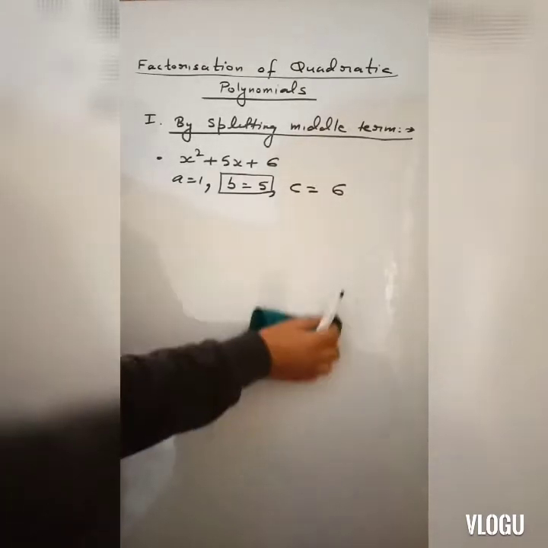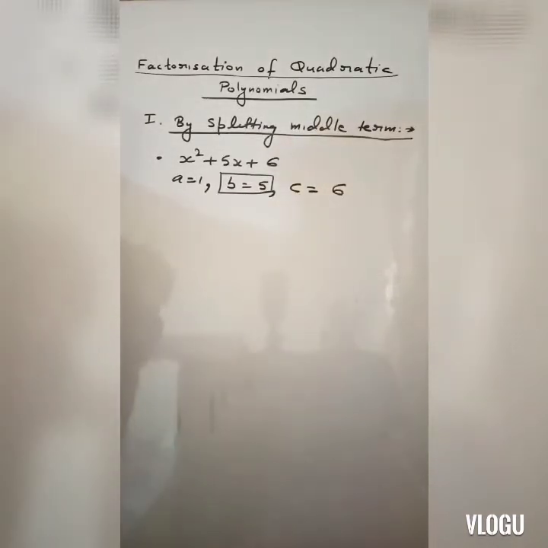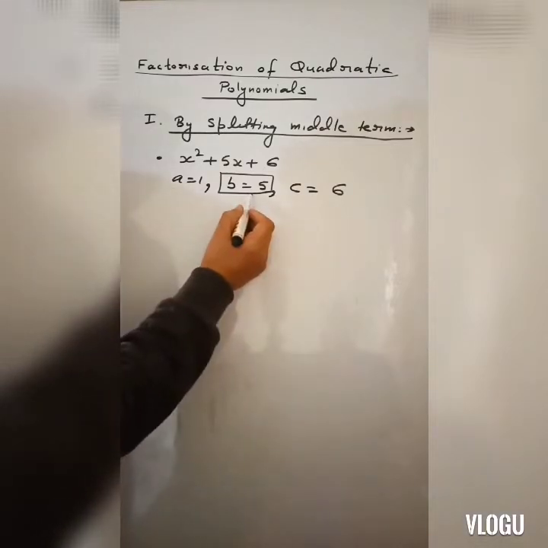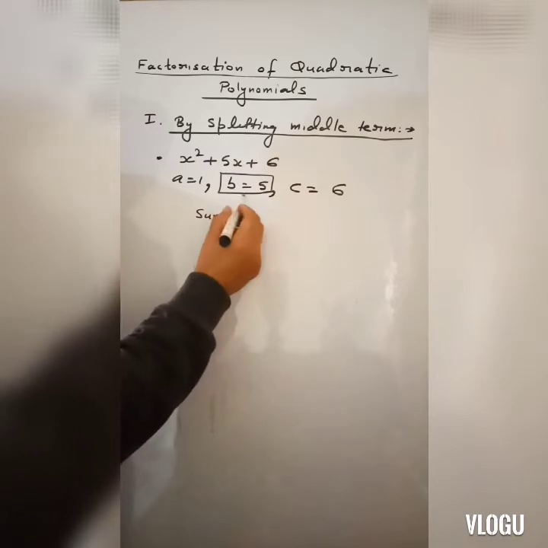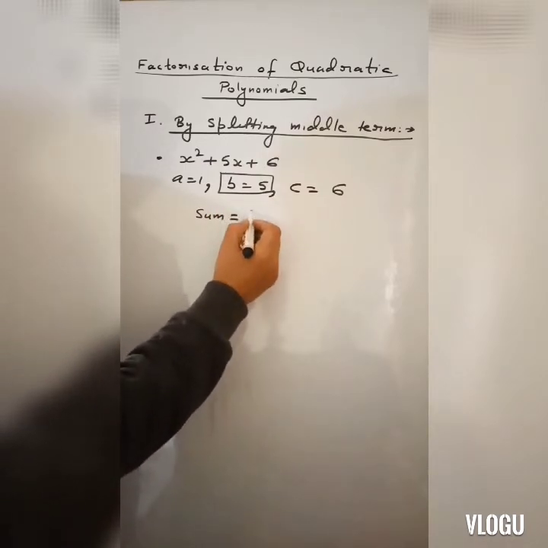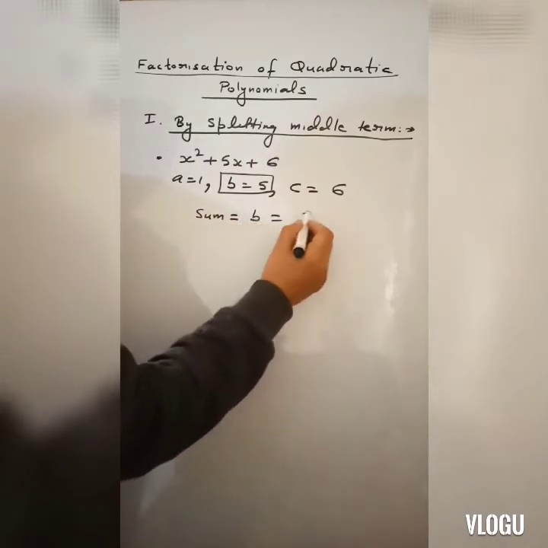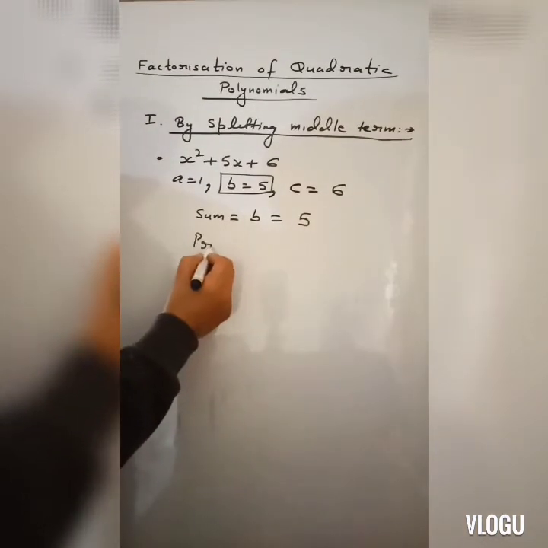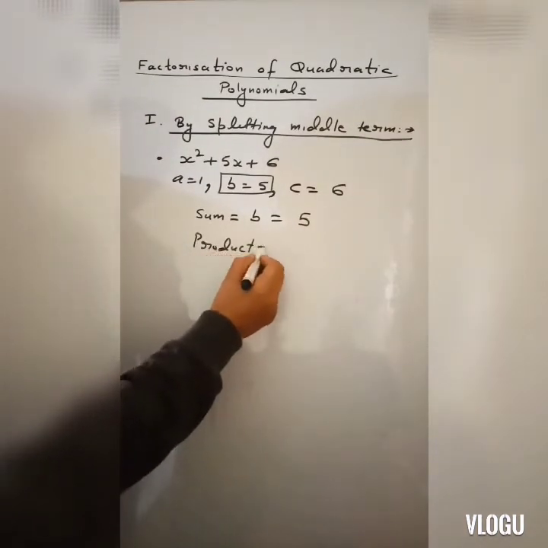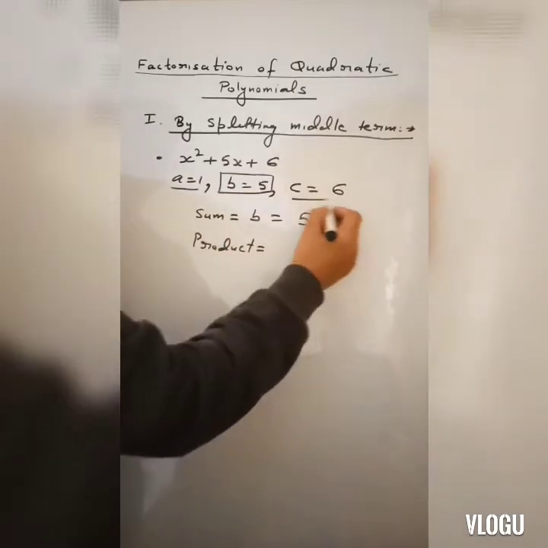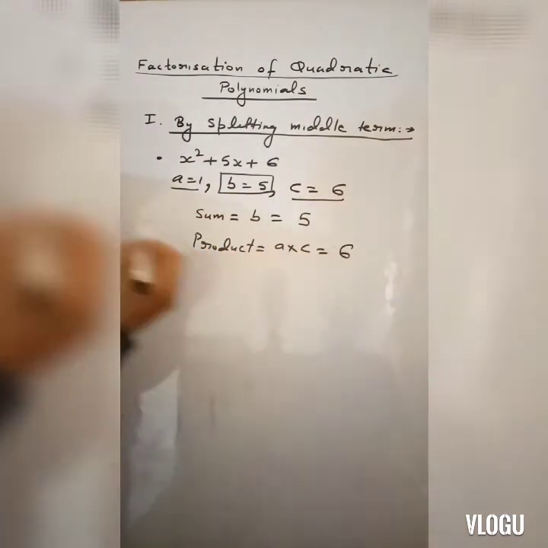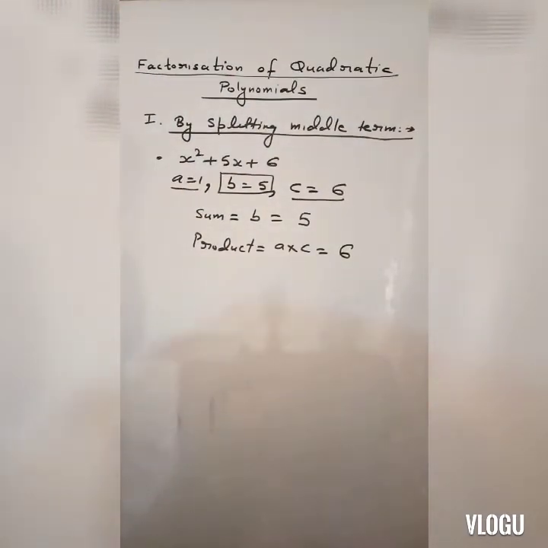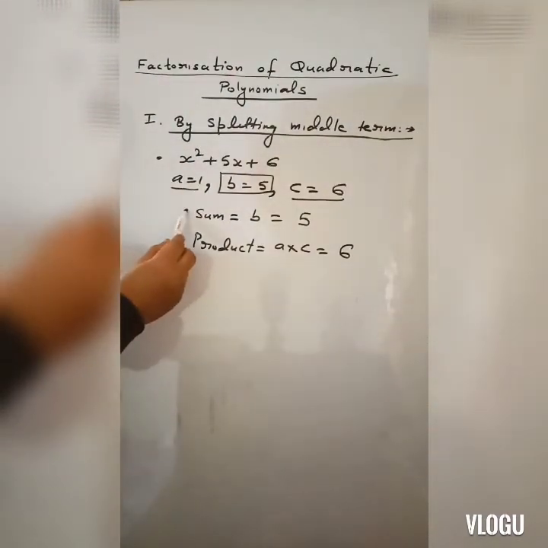Now, to factorize this quadratic polynomial, we'll split the middle term. To split this middle term, we have to find two numbers.